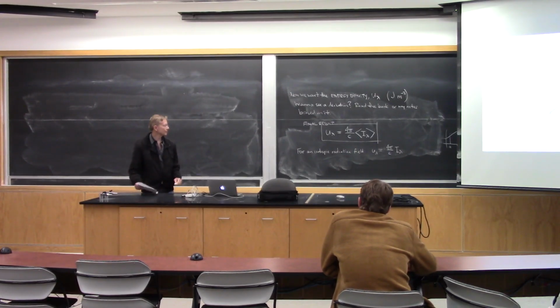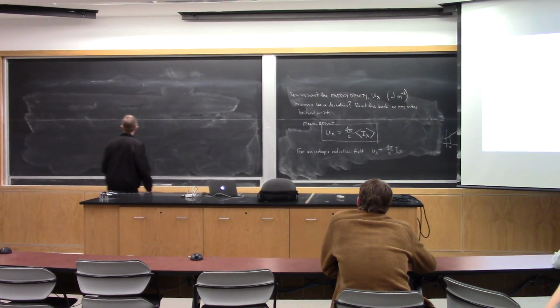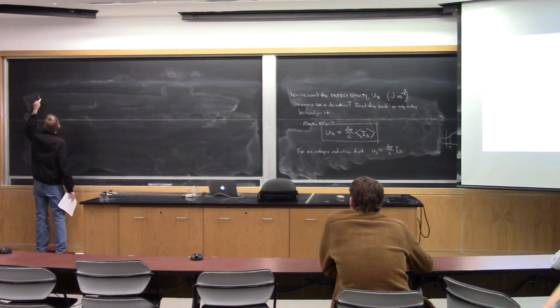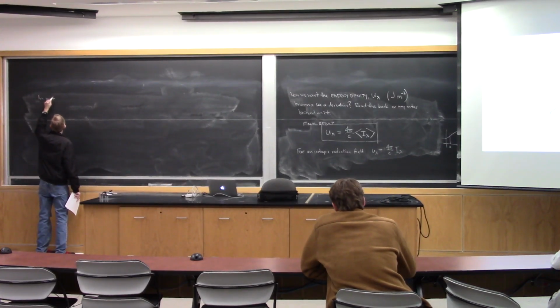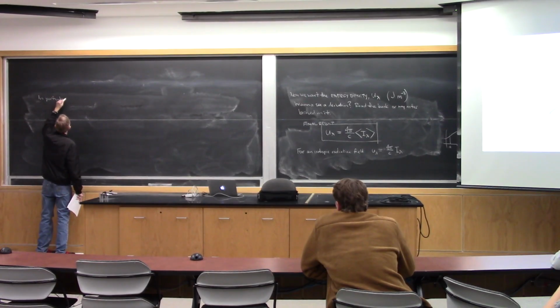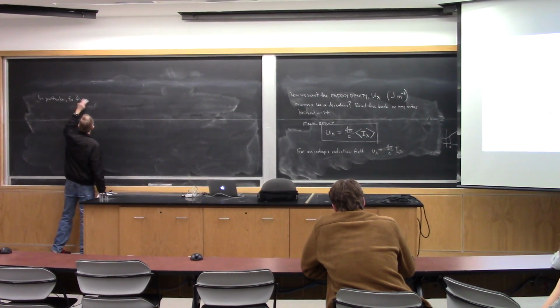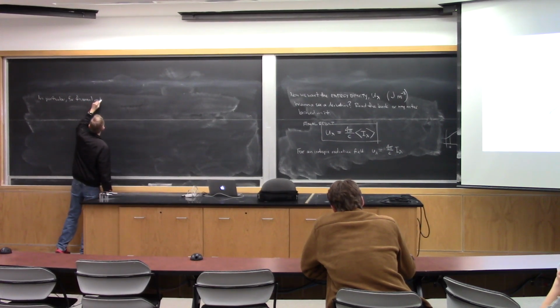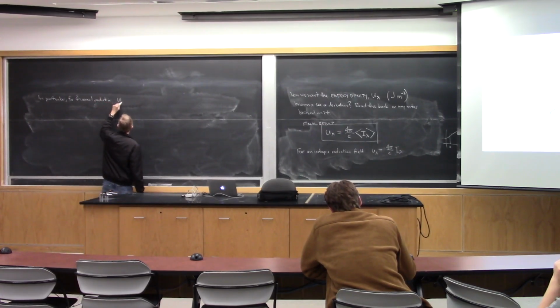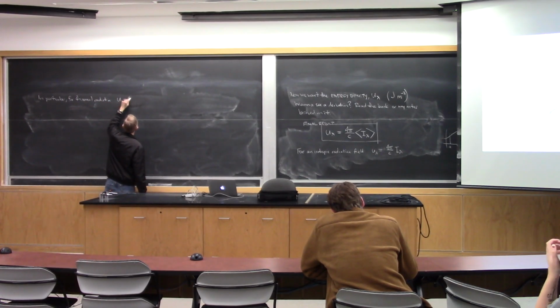And it's isotropic, so for pure thermal radiation, blackbody radiation, U lambda is 4 pi over c B lambda.